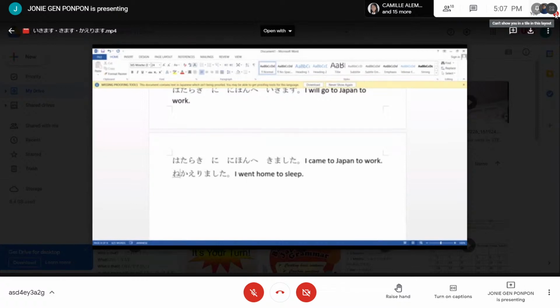Then add the particle ni. So the reason why you went home is to sleep, right? So to make a Nihongo sentence for that, I went home to sleep, that is ne ni kairimashita. Okay, so tabe ni kairimashita, that is I went home to eat. So those are the sample sentences for this sentence pattern.